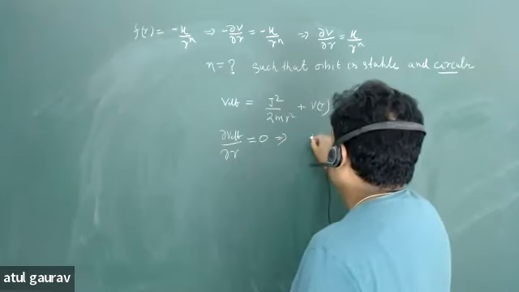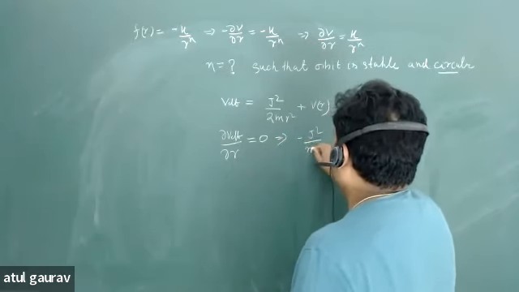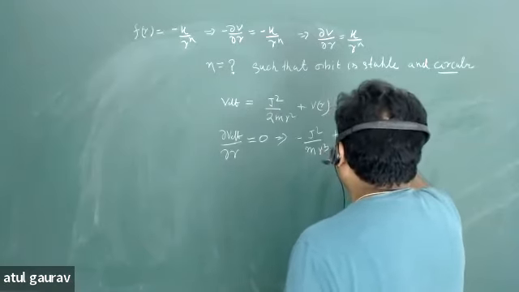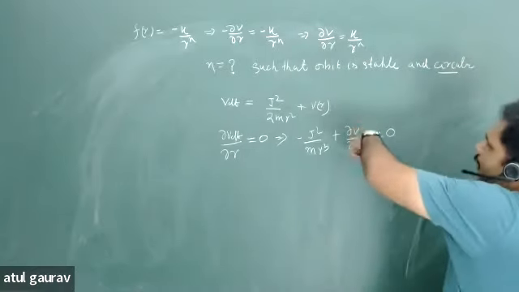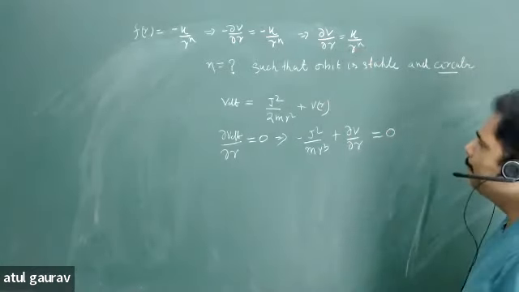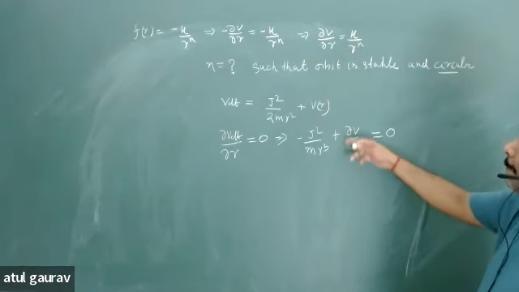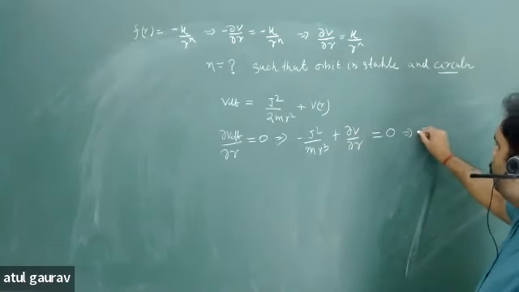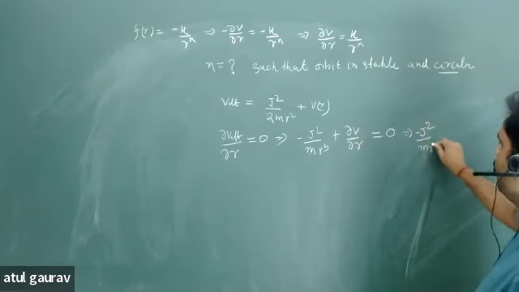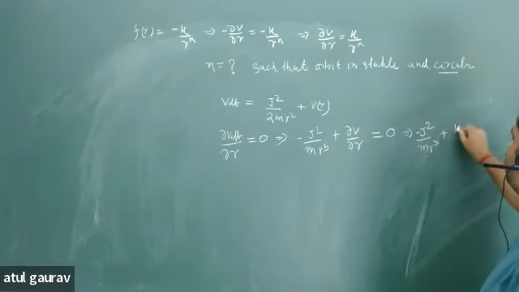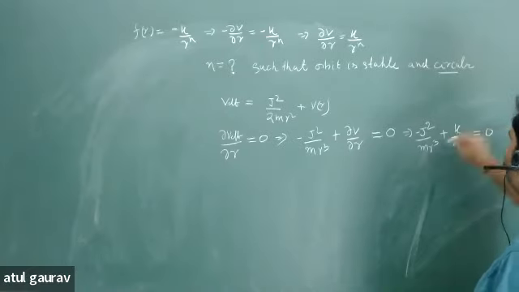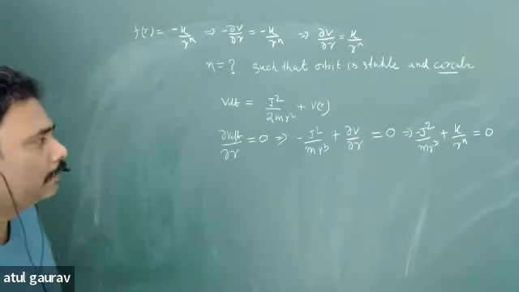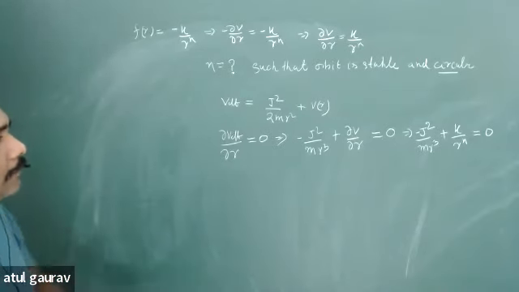That implies minus J square upon mr cube plus del V upon del r must be equal to 0. And here we get del V upon del r from above. So minus J square by mr cube plus k by r to the power n must be equal to 0.